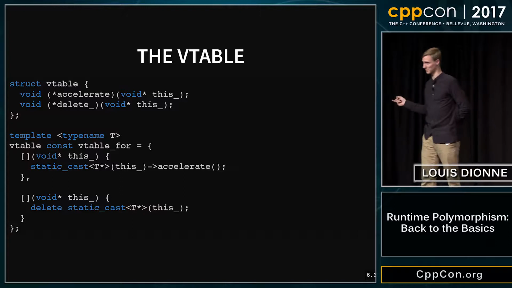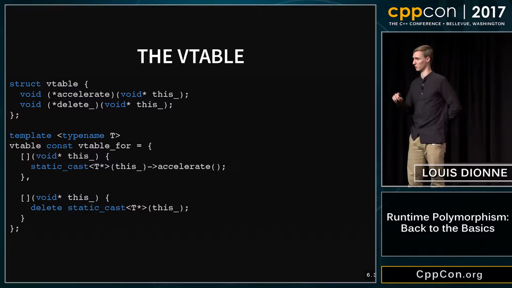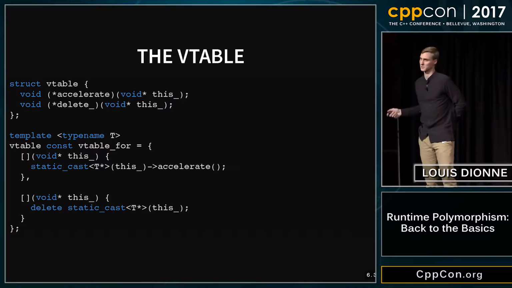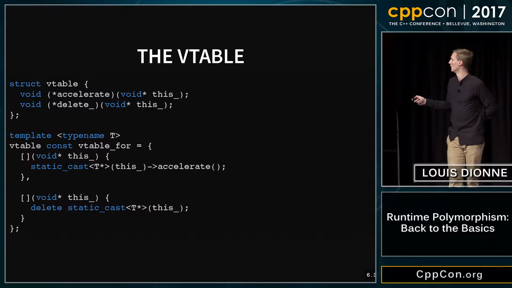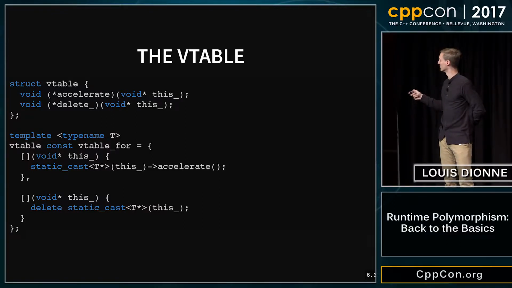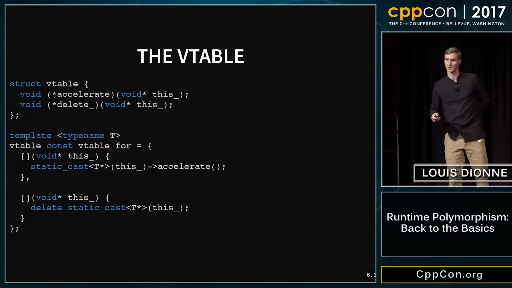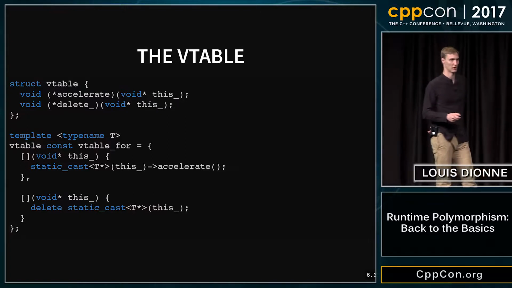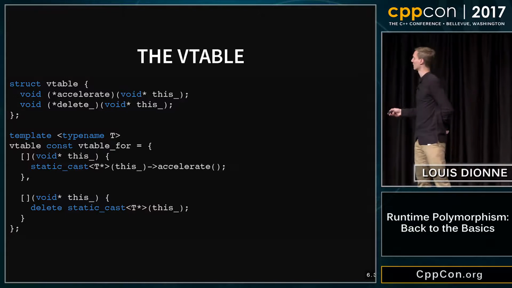Since this is static dispatch, the compiler is going to see this and is going to be free to do any inlining it wants. So this should be considered absolutely equivalent to just calling accelerate directly. And for the delete here, I'm just static casting to a T star, and then I'm deleting the object. I'm just going to go back real quick here.